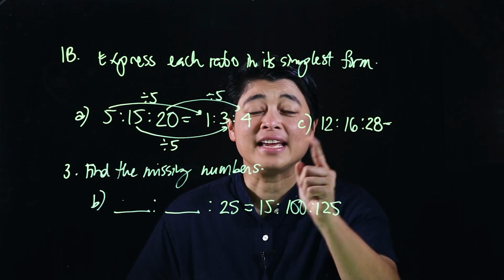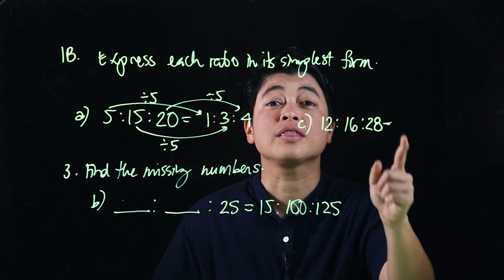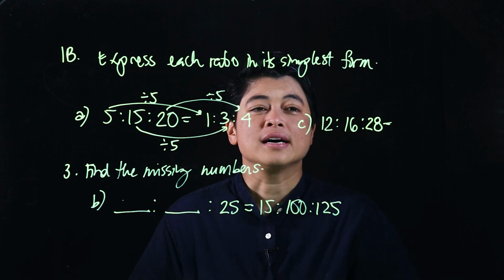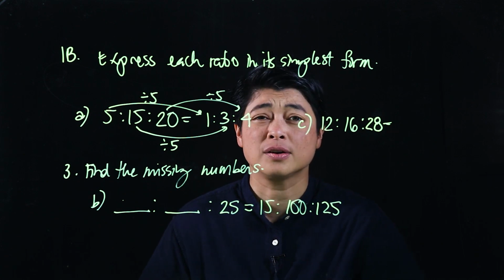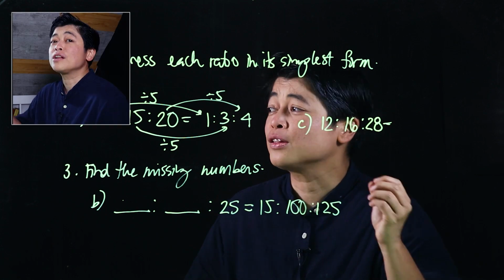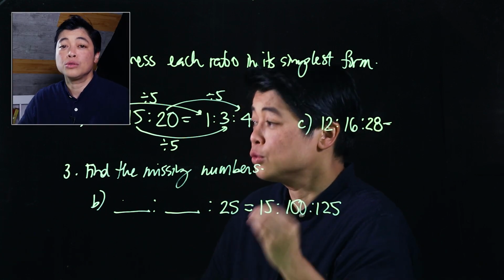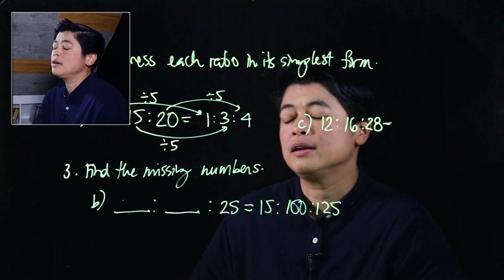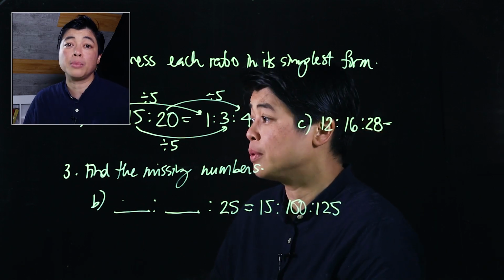Similarly, in C, we have to find something that divides all three quantities. The number that divides all three would be 4. If you can't think of the 4 immediately, then start with 2, reduce it, and then go another 2 after. But at this point, you should already know your tables of 4.